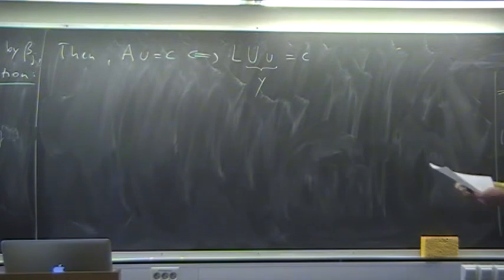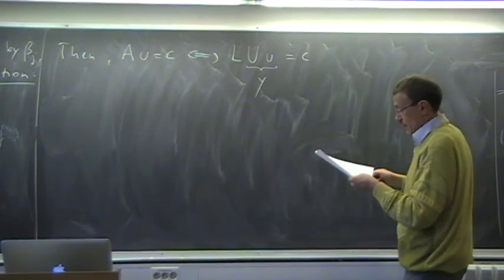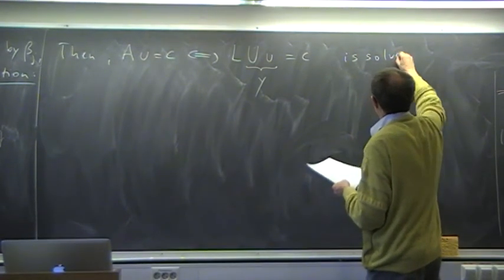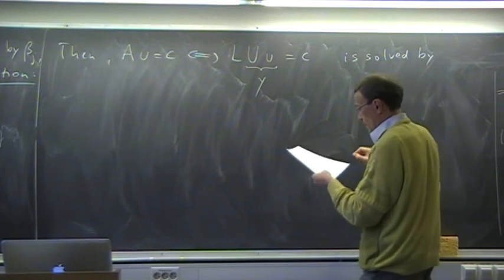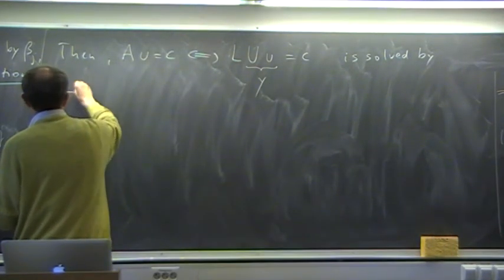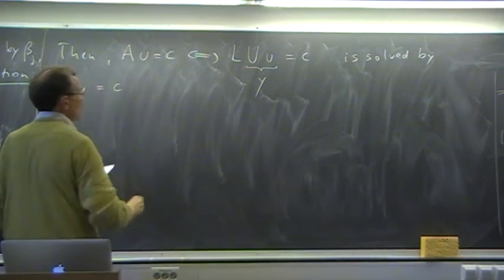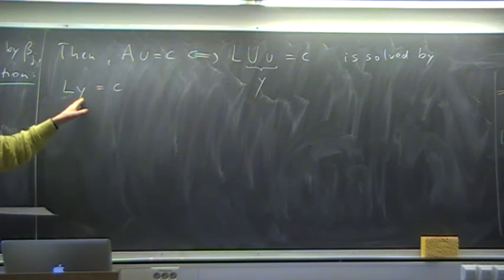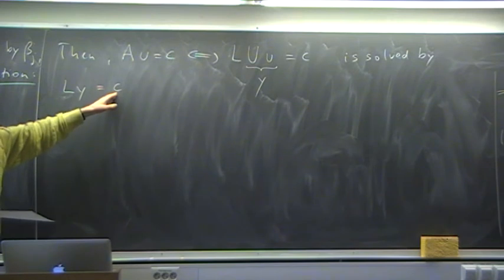So this is solved in 2 steps. That is L y is equal to C, the lower triangular matrix times the unknown that we determine, equal to the given right hand side.